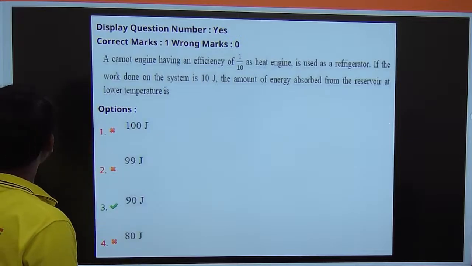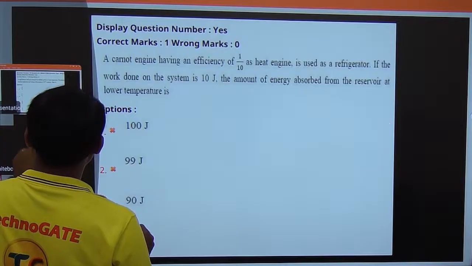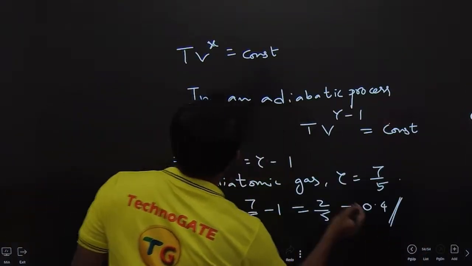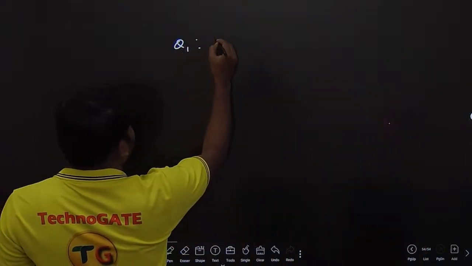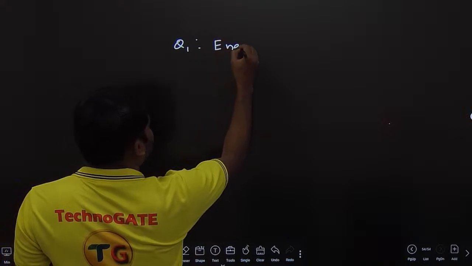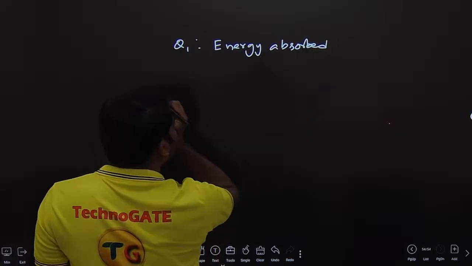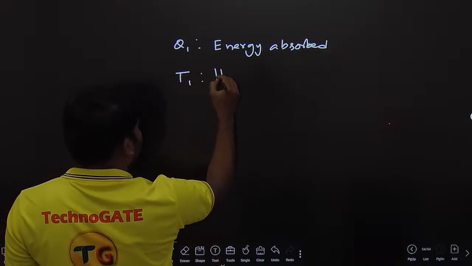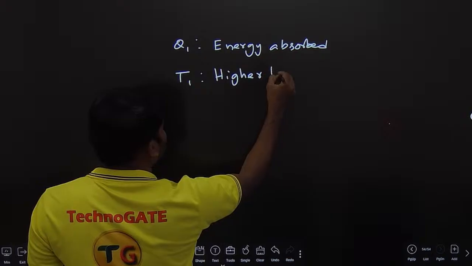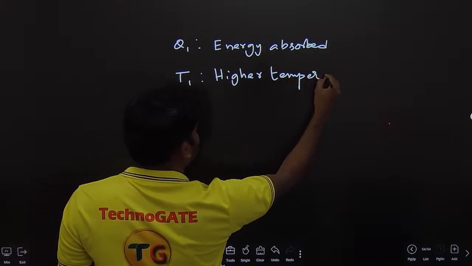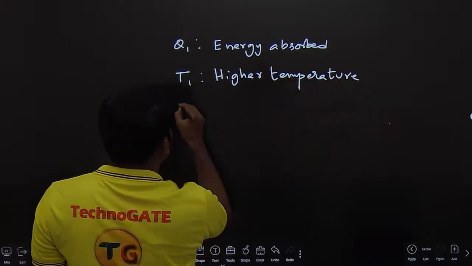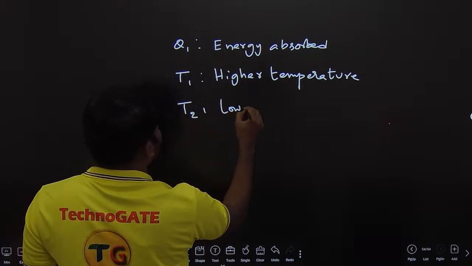So we need to get the energy absorbed. Let us take these notations here: Q1 absorbed, T1 higher temperature, T2 lower temperature.